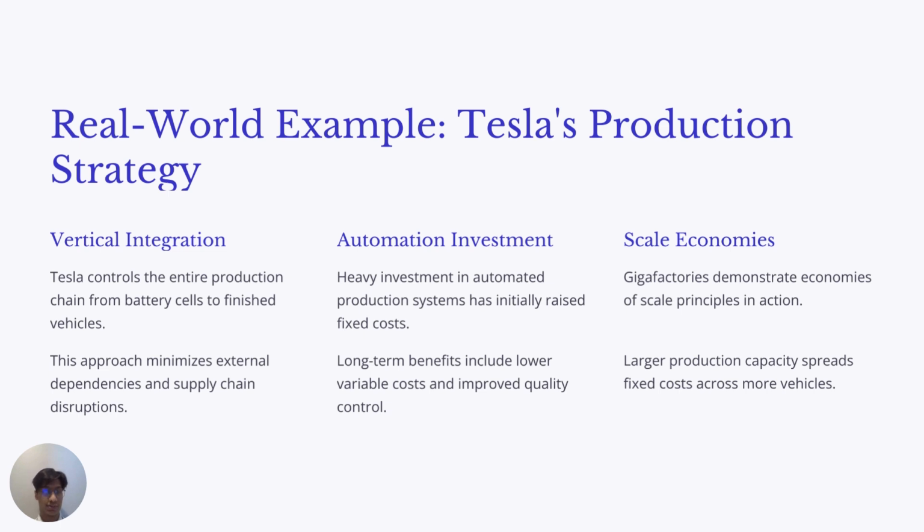While this raises fixed costs due to capital investment in robotics, it ultimately lowers variable costs like labor. Their gigafactories are a perfect example of economies of scale as they produce massive volumes at a lower average cost per unit. This strategy isn't just about innovation, it's about employing sound economic principles.